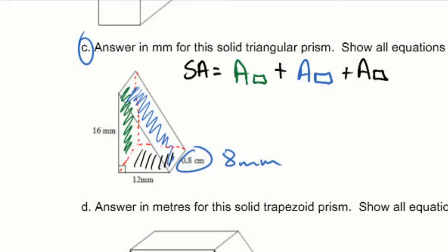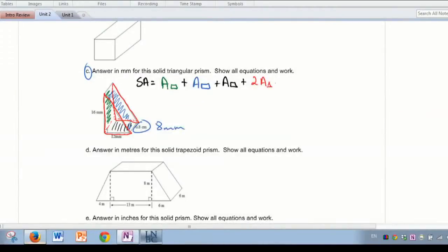And then I'm going to add to that my triangle. I have a triangle on the front, maybe I'll just outline it in red so that won't wreck everything. And then I have the same triangle on the back. So I'm going to have 2 times the area of a triangle. So that hopefully makes sense a little bit.